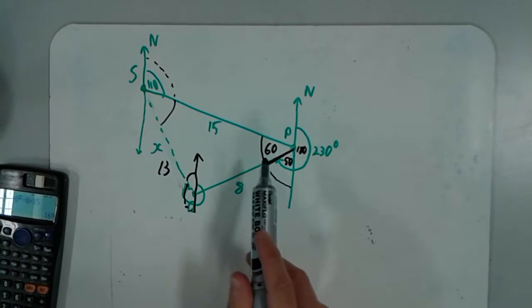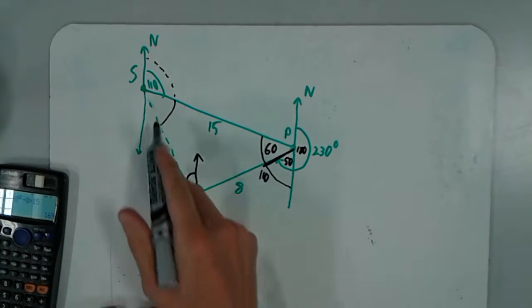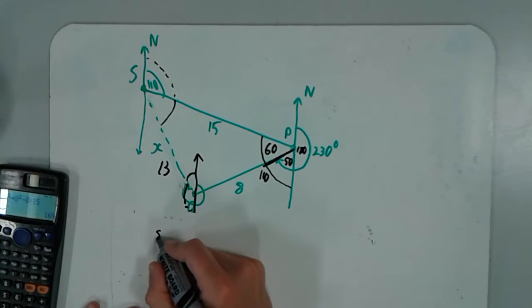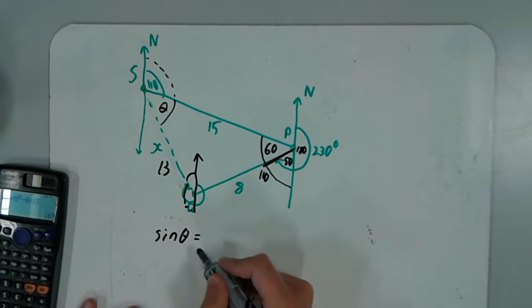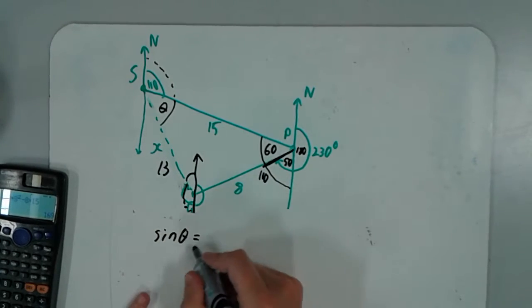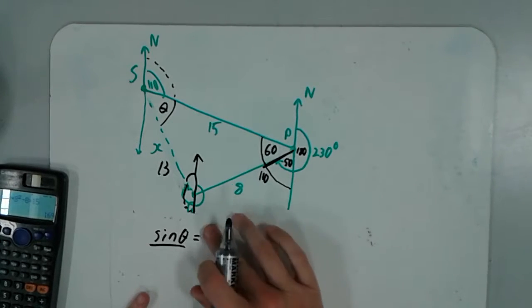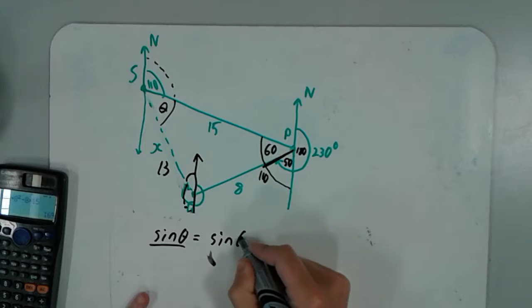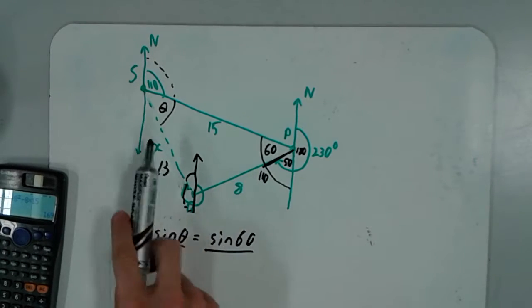Now that I know one angle and all three sides, it's usually easier to use the sine rule. So we're going to say that sine, let's call it theta, is equal to sine theta, sine 60, over, and then they're over the opposite sides.